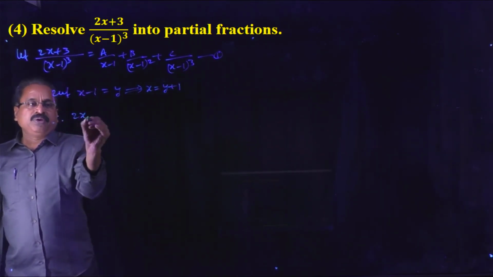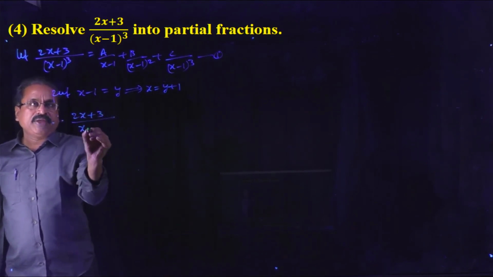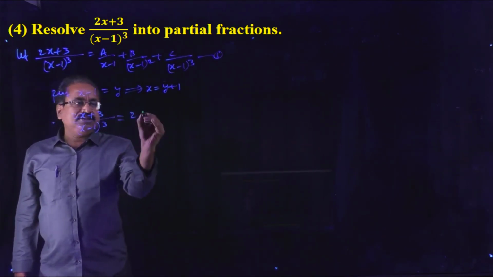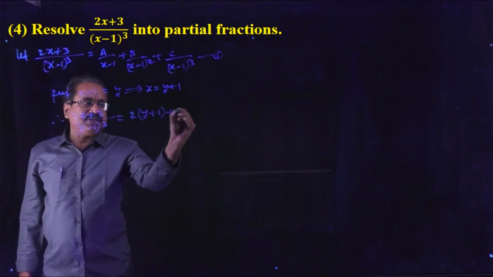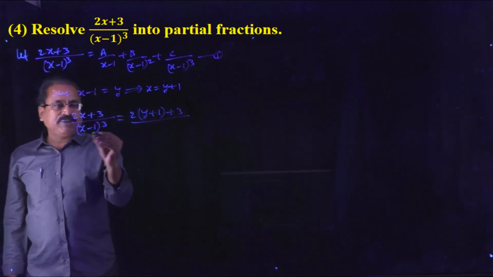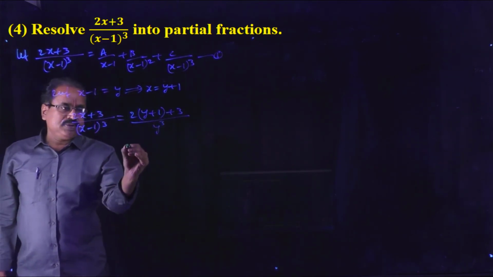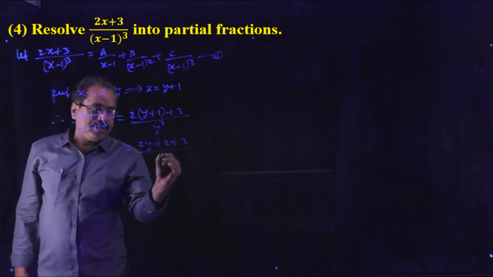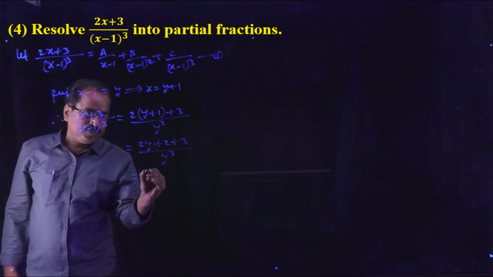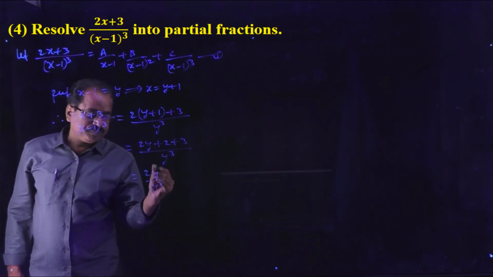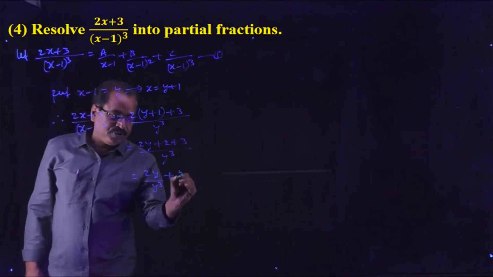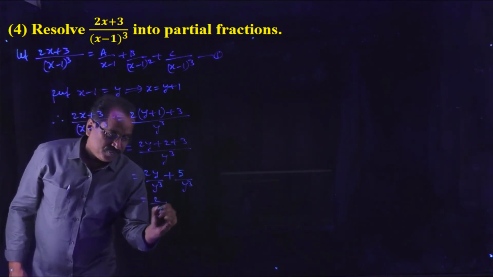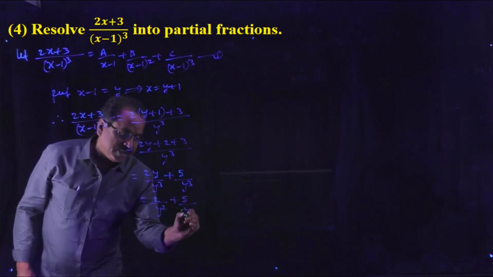Therefore (2x + 3)/(x - 1)³ = (2(y + 1) + 3)/y³, so (2y + 2 + 3)/y³, that is 2y/y³ + 5/y³. So 2/y² + 5/y³.